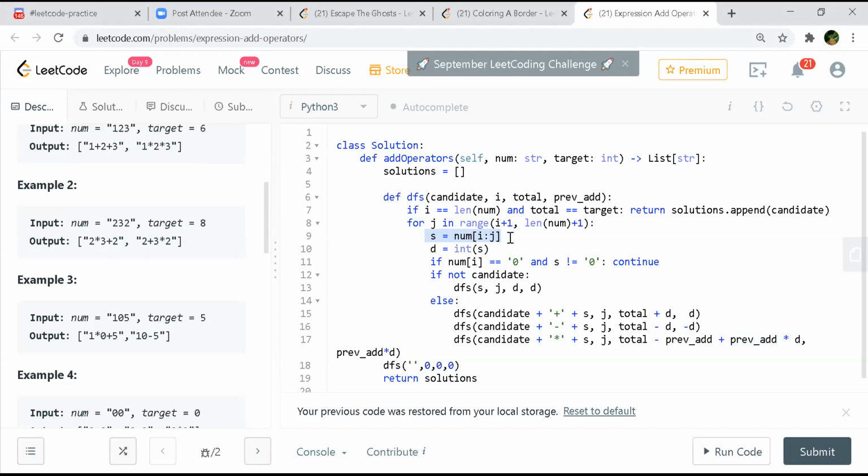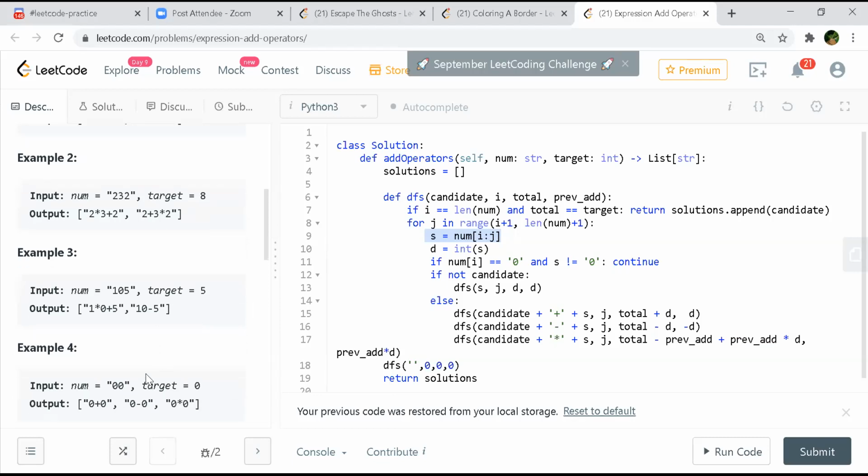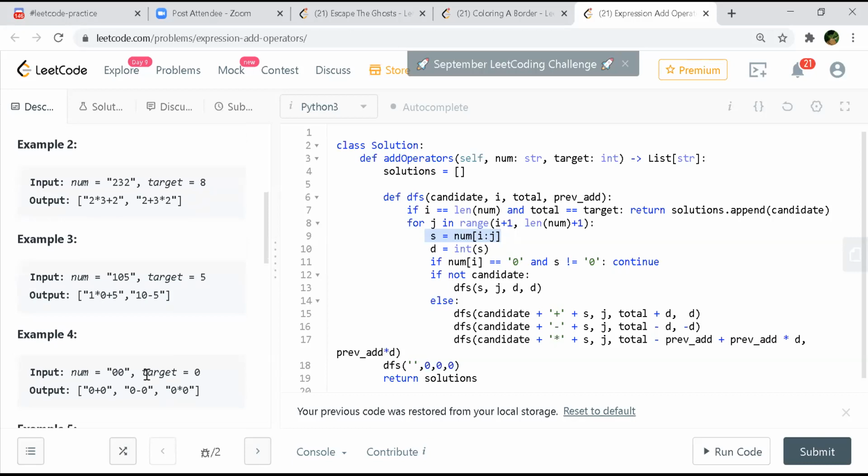And I think this line number 18, which is DFS 0 0, is to handle the corner case like example 4, correct? Oh, no, sorry.